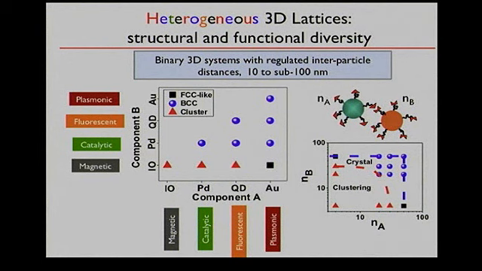What I show you here is not really a phase diagram, but rather a library of materials from binary components which we can assemble, and those symbols represent what types of structures we can observe in those materials. We can see that the body-centered cubic (BCC) lattice is quite robust, and at the same time we can observe something more like a face-centered cubic system as well as clusters.